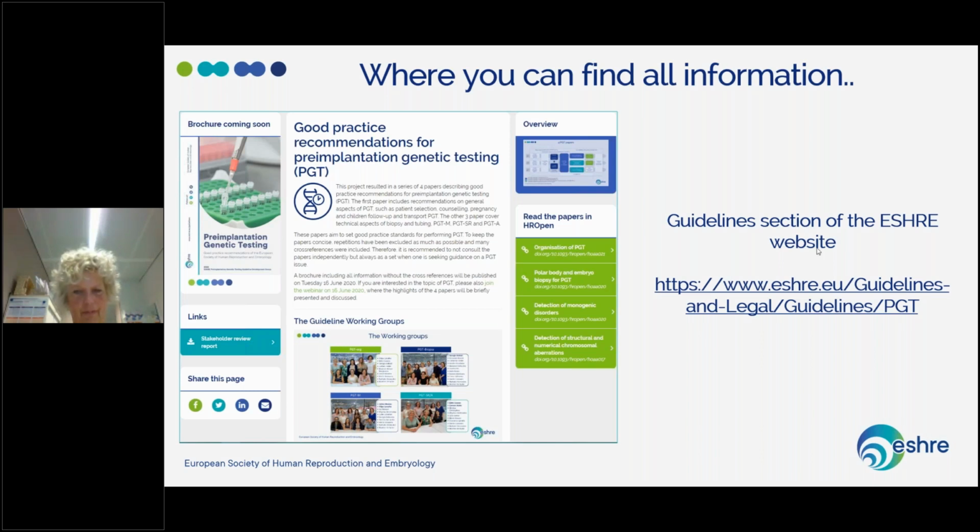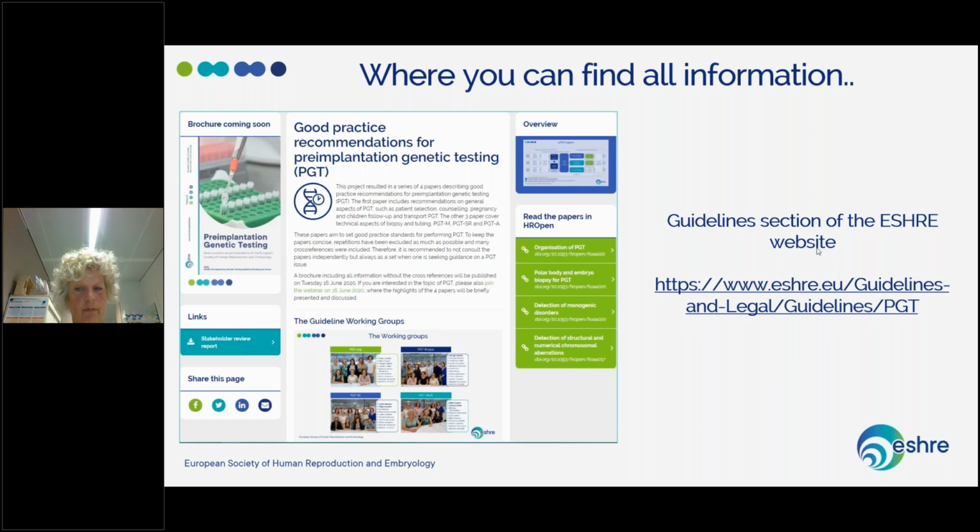So now I would like to draw your attention to where you can find the 4 papers. You can find them in a dedicated section on guidelines on the ESHRE website. There you can also find the link on the left-hand side to the stakeholder review reports, and the link to the papers in Human Reproduction Open.